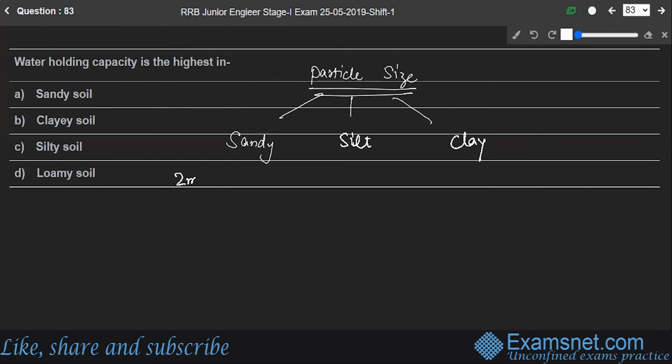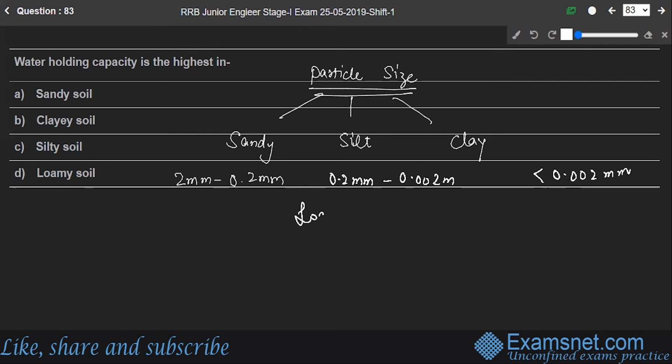So sandy soil ranges from 2 mm to 0.2 mm, and silt ranges from 0.2 mm to 0.002 mm. Sorry, not 2 mm, wait. Right. Okay. And the clay one is less than 0.002 mm.